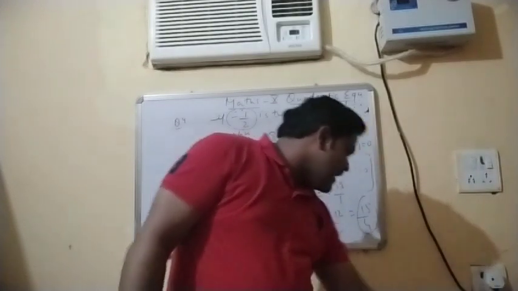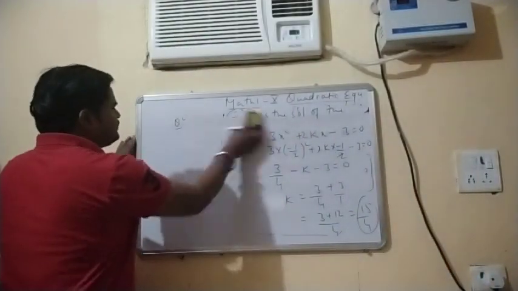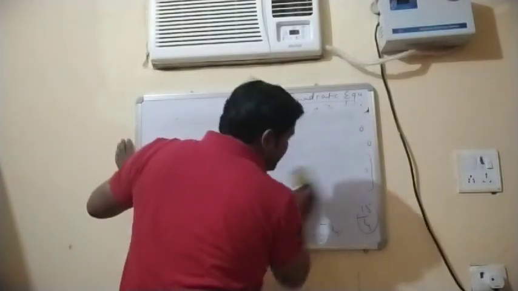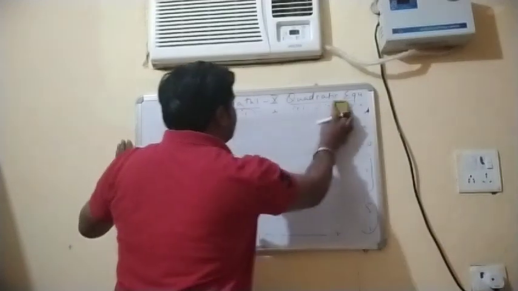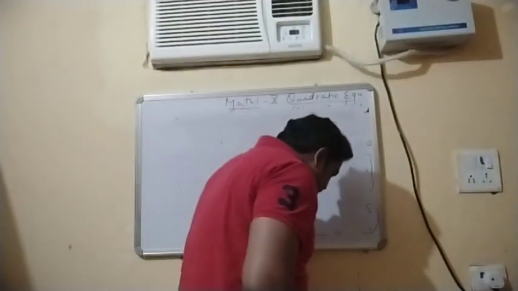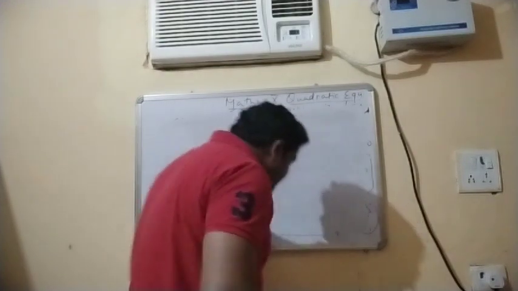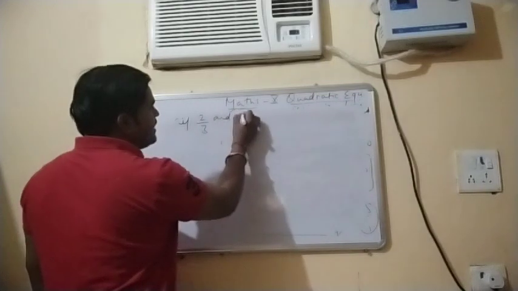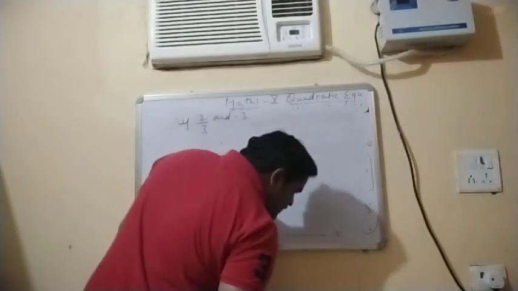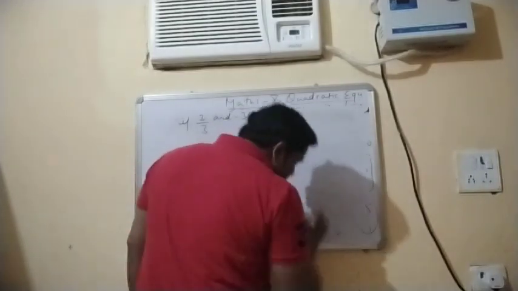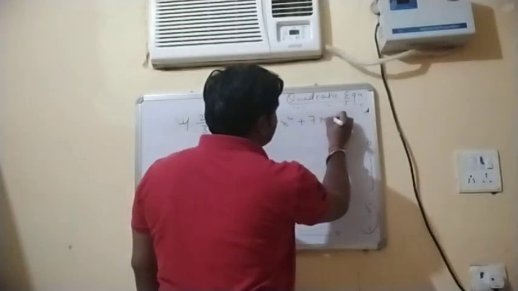Question number 6, the last one, very important one. Again, it is of the same type. You have to put the value and two equations will be there, and on solving both equations you will get the values. Like if 2 by 3 and minus 3 are the roots of the equation, the equation is px square plus 7x plus q equal to 0.